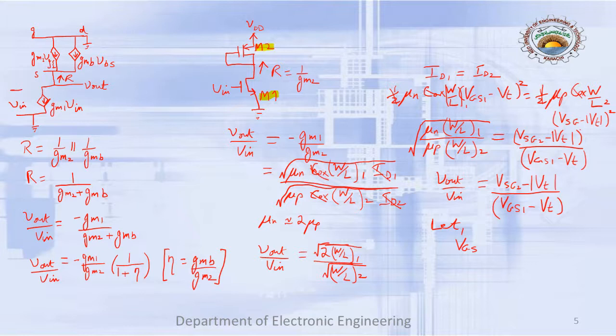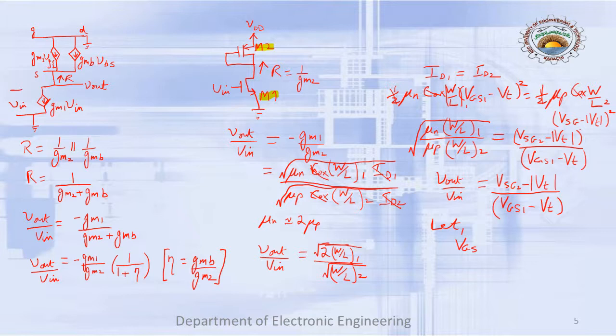So what we see here is that we can have the same factor, which is the square root of mu n W by L of 1 divided by mu p W by L of 2, and this would be equal to (VSG2 minus VT) over (VGS1 minus VT).